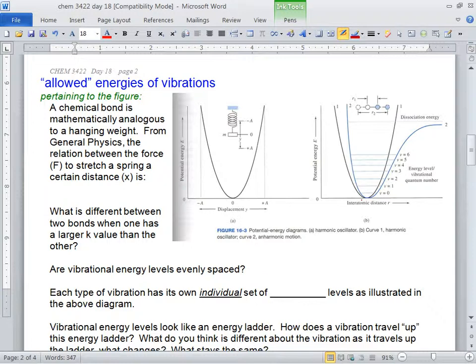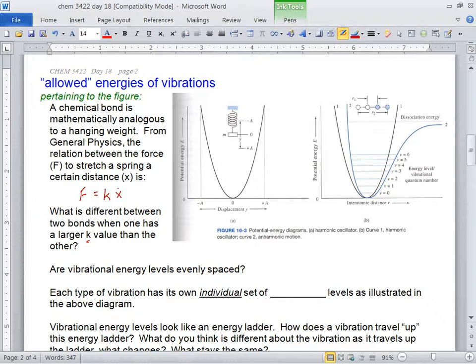So a chemical bond is mathematically analogous to a hanging weight. From general physics, the relation between the force to stretch a spring a certain distance is F equals kx.